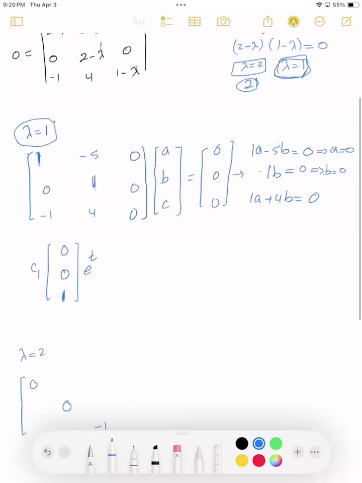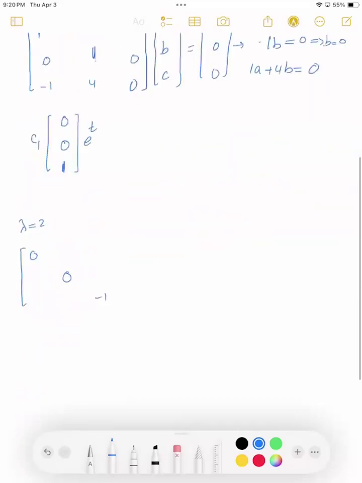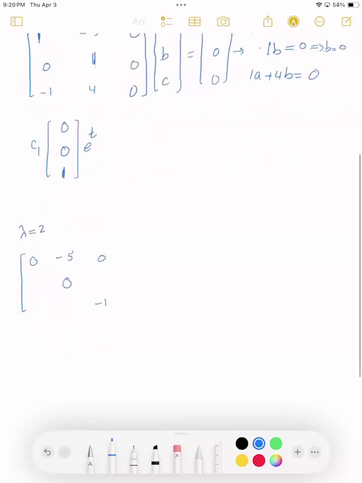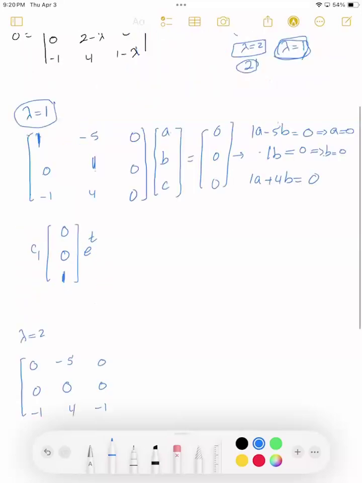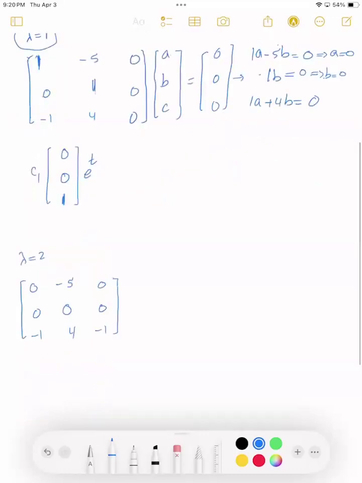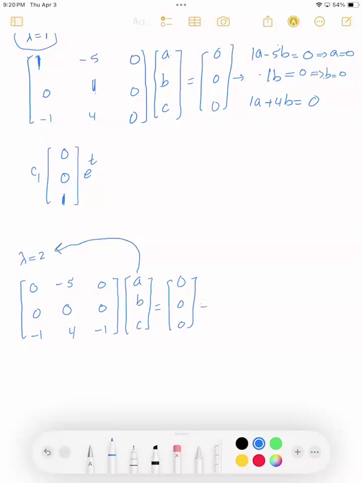And then we have the rest of the numbers, which is negative 5, 0, and we have 0 and 0, negative 1 and 4. We want to multiply it by the vector v that has a, b, c components and set it equal to 0 to find the corresponding eigenvector for lambda equal to 2. So 0 times a minus 5 times b, 0 times c, I get minus 5b is equal to 0.